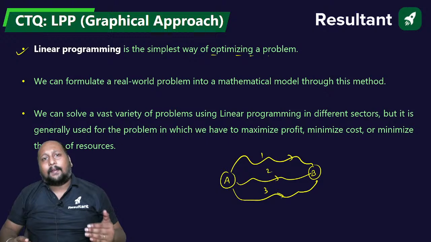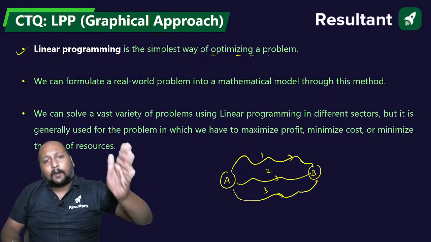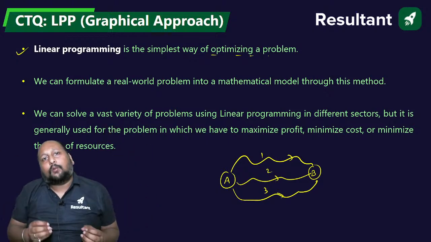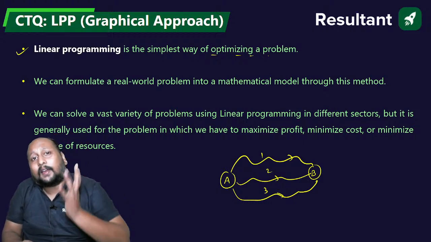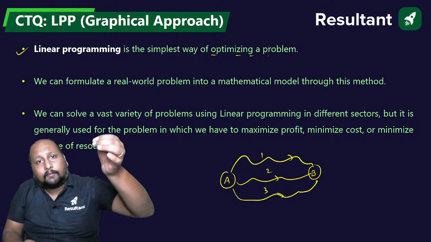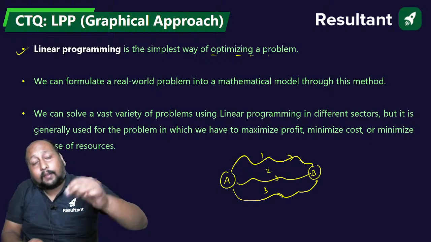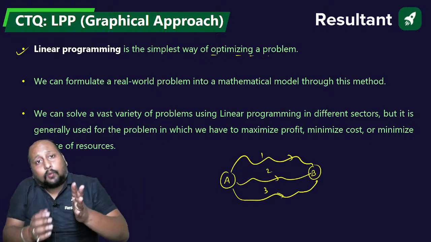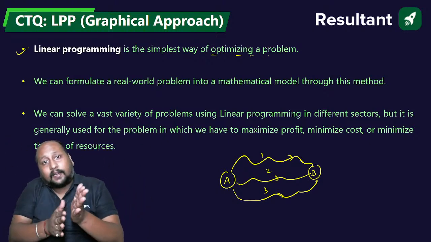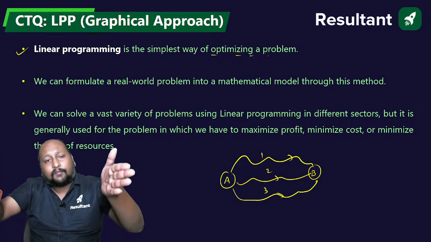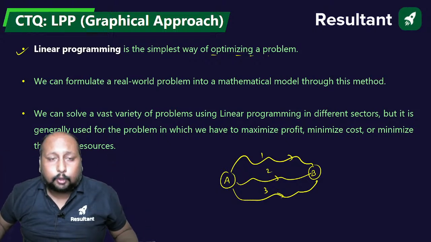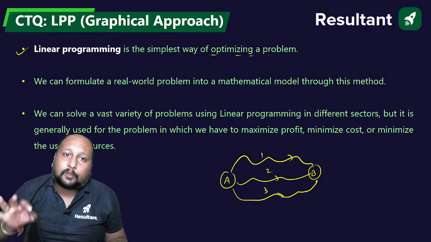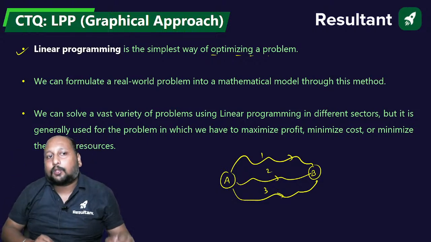Let us say I have a solution between 1 to 100. We'd say only 100 solutions are there. No, we'll have infinite. We can take 1, 1.1, 1.11, 1.111. So even from 1 to 5, we have infinite possible values. Among these infinite possible values, which will give us the best possible solution, that is your linear programming problem.